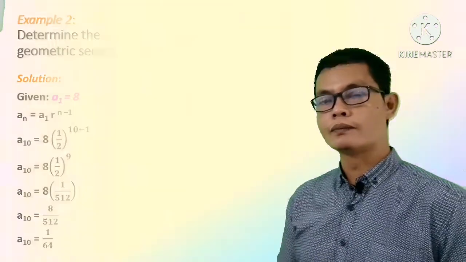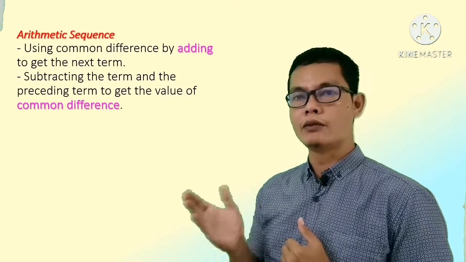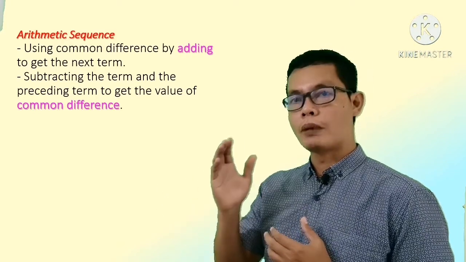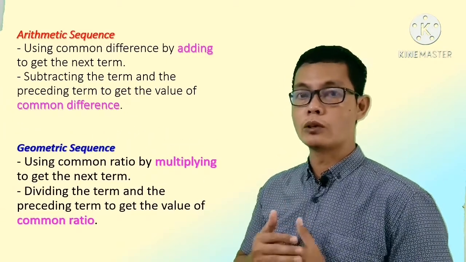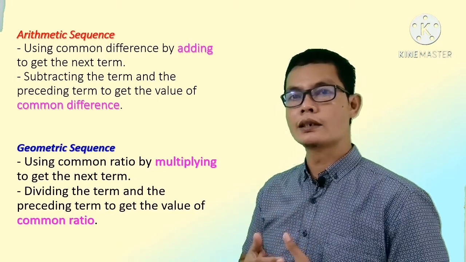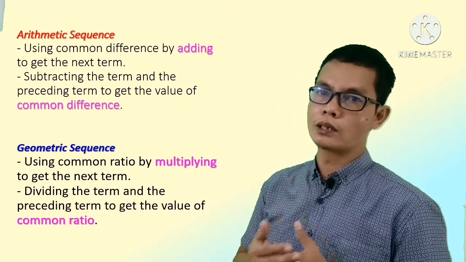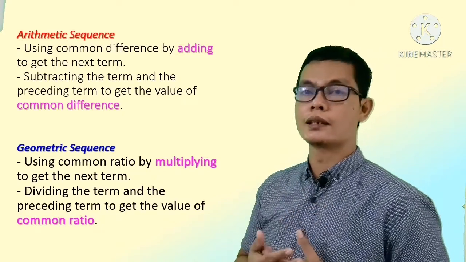In this lesson, nakikita natin yung pagkakaiba at pagkakapareho ng arithmetic sequence and geometric sequence. Pag sinabing arithmetic sequence, we are adding the common difference. Pag geometric sequence naman, we are multiplying by the common ratio. In arithmetic sequence, in getting the common difference, isusubtract natin yung second term sa preceding term.